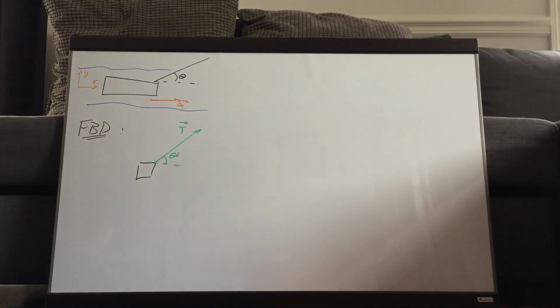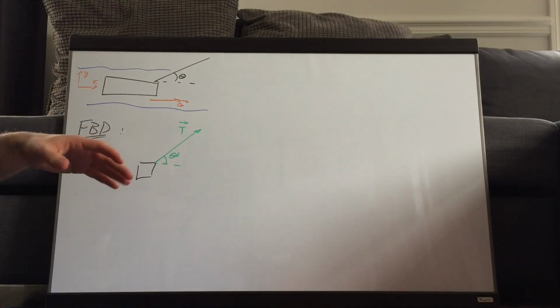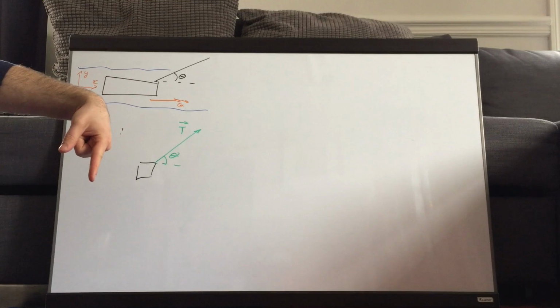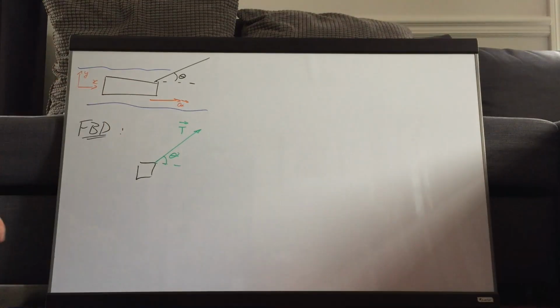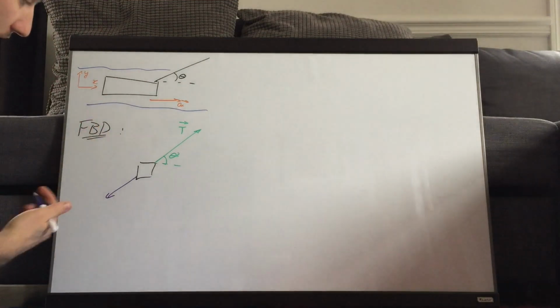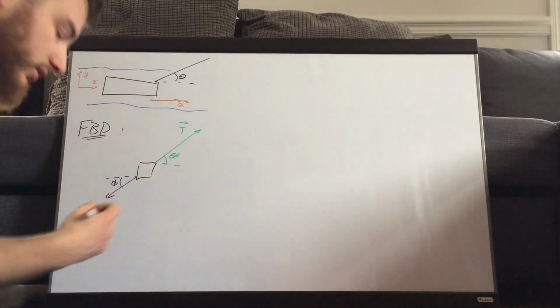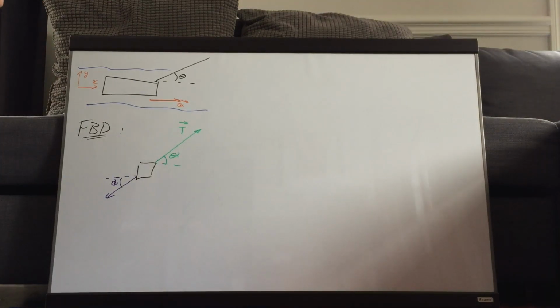Because we're told that there's only an acceleration in the x-axis, and no acceleration in the y-axis, we can guess that the drag force will have some component of it pointing downwards, and we can guess that it goes somewhat down and to the left. And this will have some angle phi with respect to the horizontal.